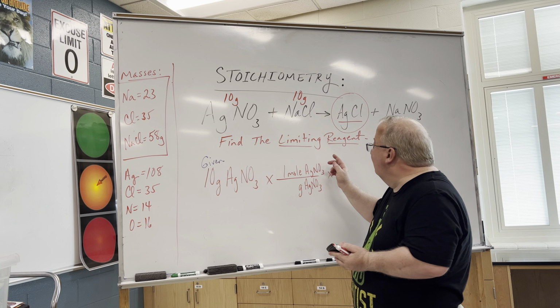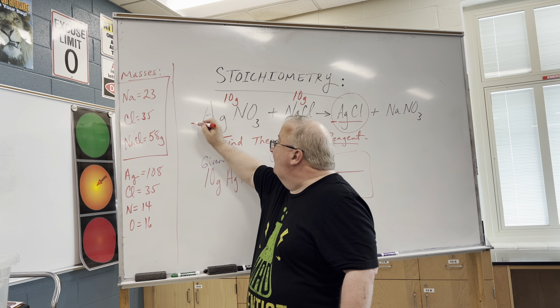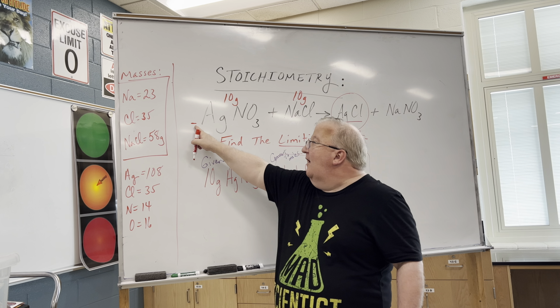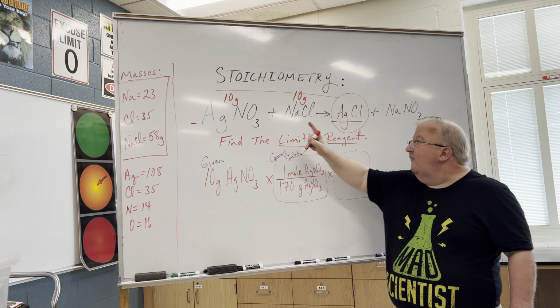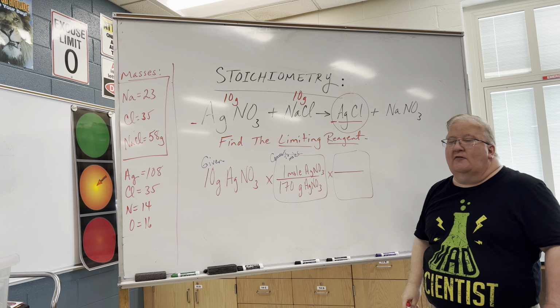Now the next step is really important. All of them are important, but this one is crucial. We've got to do a mole to mole ratio based on the coefficients in the balanced equation. If I'm taking it to silver chloride, and I'm looking at silver nitrate first, I have a 1 mole of silver nitrate to 1 mole of silver chloride ratio.